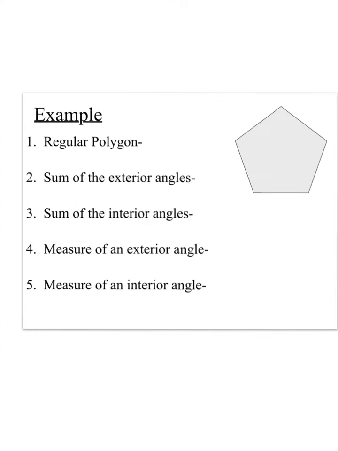Okay, so if we look at the picture to the right here, we are being asked what kind of regular polygon it is. And regular means equal sides, so we have a 1, 2, 3, 4, 5 sided figure. That means it's a pentagon.